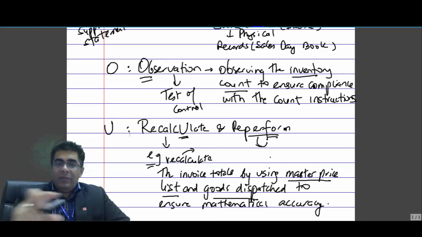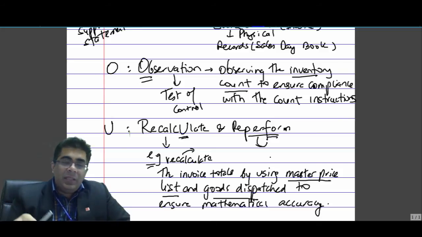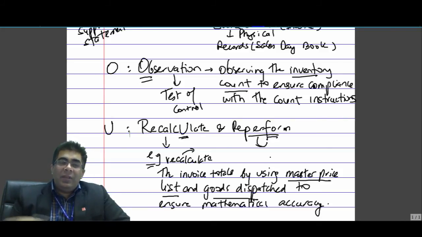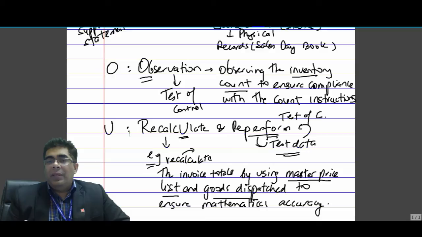Does the screen give an alert signal that you need the approval of the purchasing manager? Yeah. So you test the system again by putting someone else's password. That is also what we call test data. Yeah, it's normally for test of control. Are you with me?